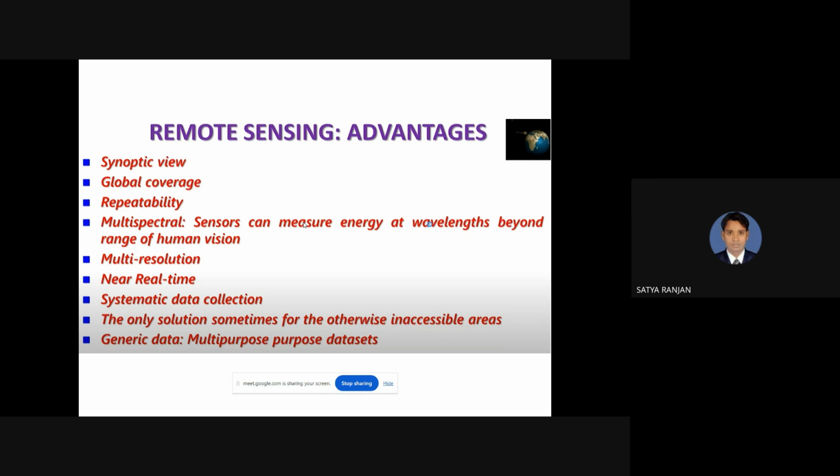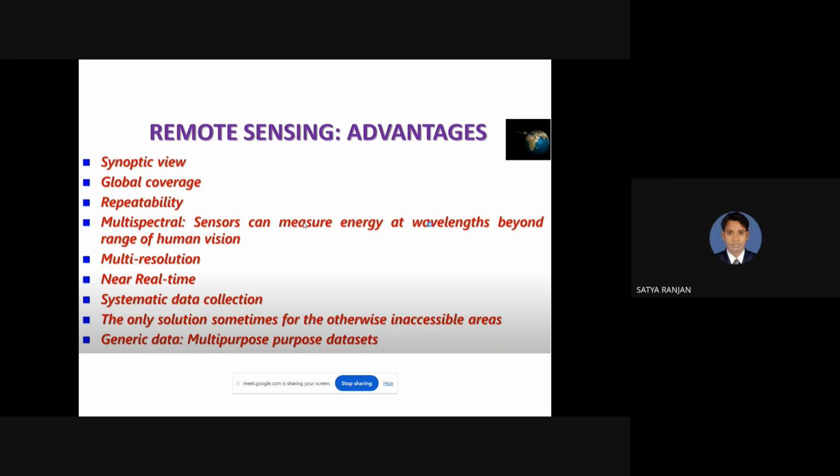Different spectral bands are useful for different applications, like hyperspectral images, which need more spectrum, with 200 to 250 bands for mineral exploration. For multi-resolution data, we use low resolution satellite data for geological structure analysis, and high resolution data for urban mapping. And we get near real time data for climatic information.